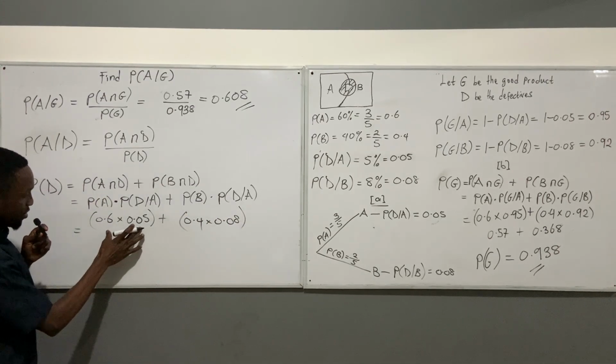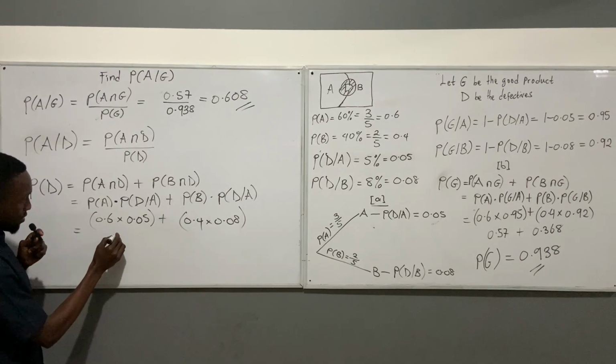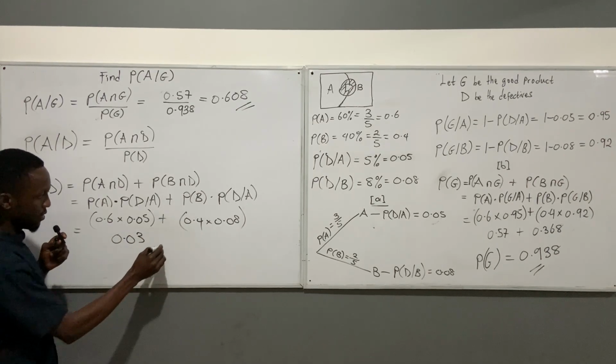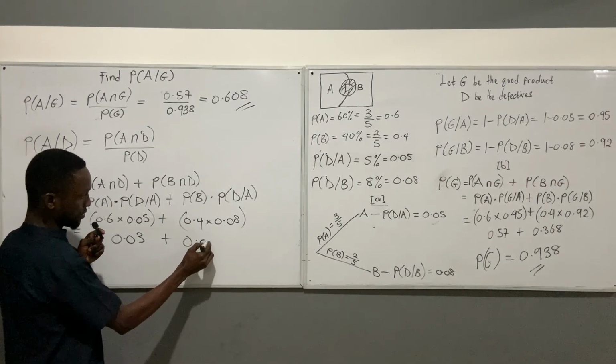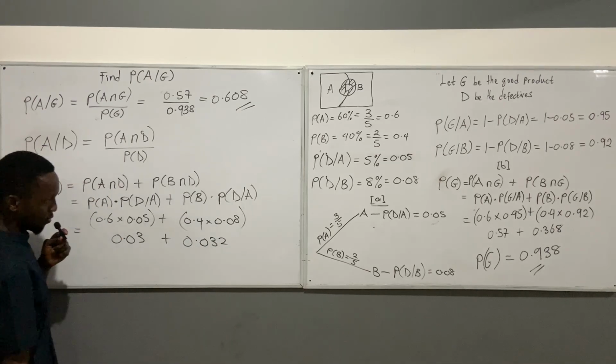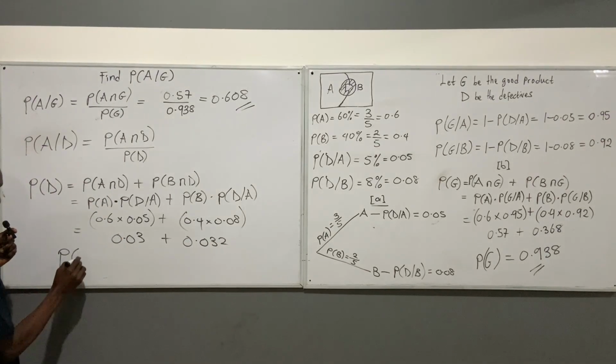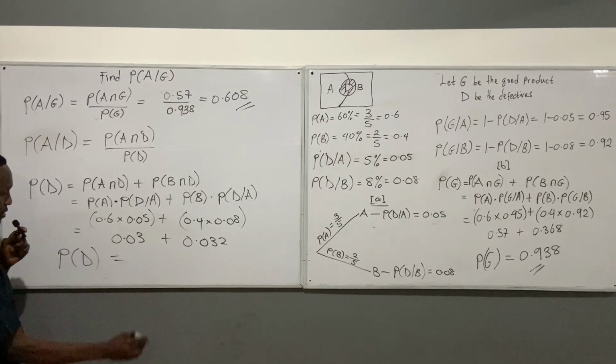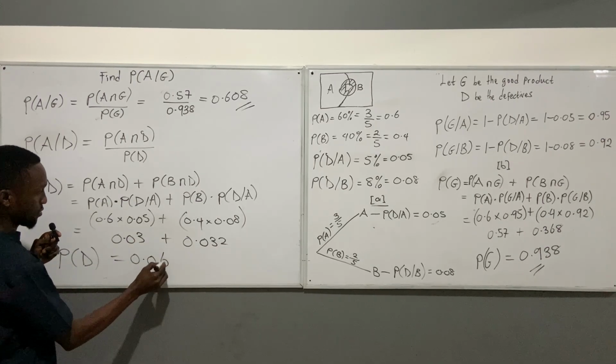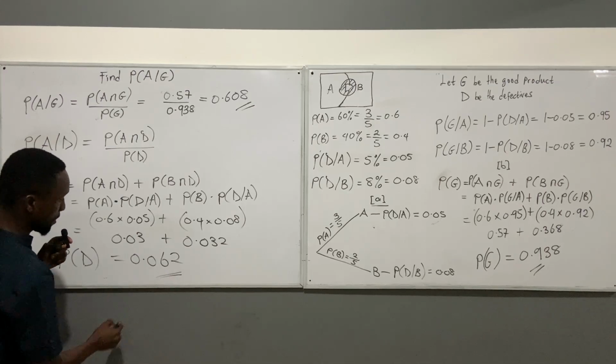Okay, punch this in and see the answer you get. This is giving us 0.03 plus 0.032. Okay, now when we add these two results together, we have the probability of D, which is giving us 0.062.